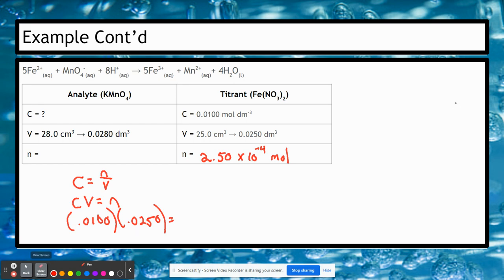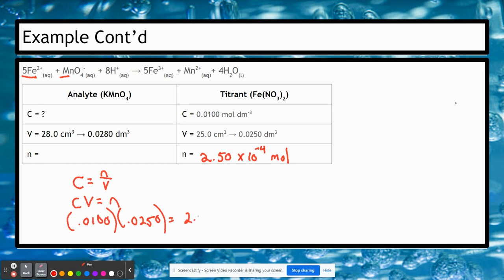So there is another little secret to this, and this is why I've got the balanced chemical equation up here. I see that the ratio of iron plus 2 to permanganate is a 1 to 5 ratio.